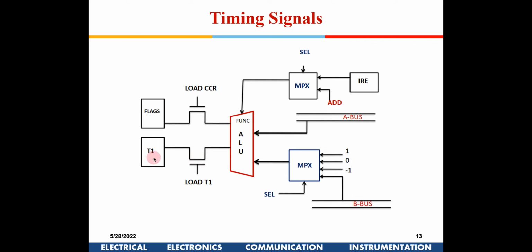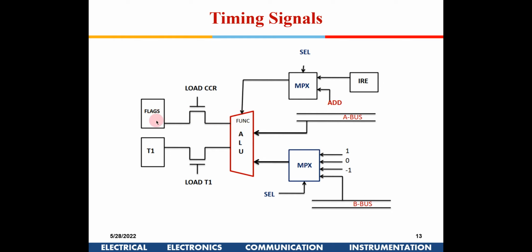Only for certain cases will the output of the ALU be routed to T1, and that will be done through load T1. So one of the phase signals has to come to load T1. Similarly, for the flag registers: once the ALU does an operation, depending on whether you need the flags to be operated on. For most of the address computing instructions, we don't need to update the flags, right?